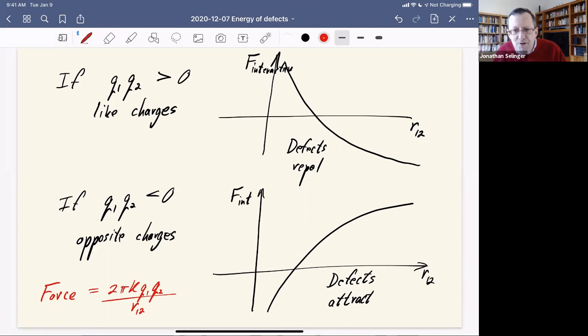Maybe you're thinking to yourself, well, that's not like Coulomb's law, because Coulomb's law drops off as 1 over distance squared. But you're thinking of Coulomb's law in 3 dimensions. What if we were in a 2-dimensional universe? In a 2-dimensional universe, if you apply Gauss's law to figure out how the distance dependence goes, the Coulomb force would drop off as 1 over distance, not 1 over distance squared. And so this is indeed like Coulomb's law in a 2-dimensional universe.